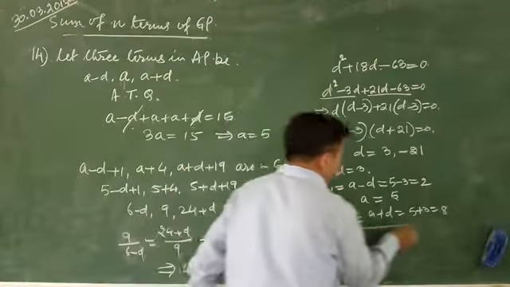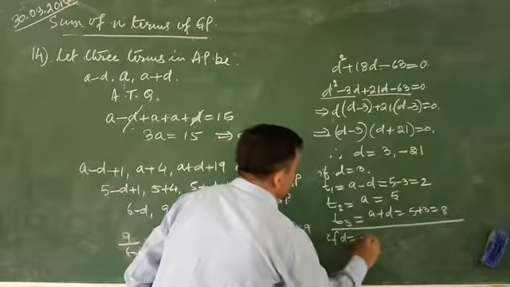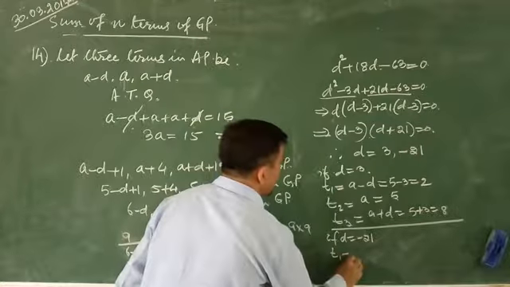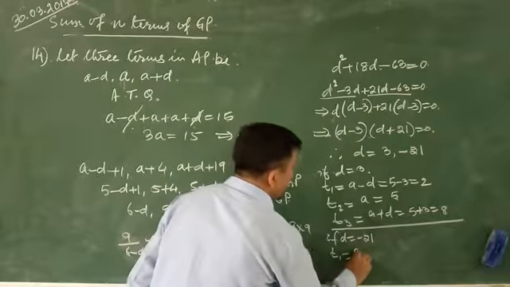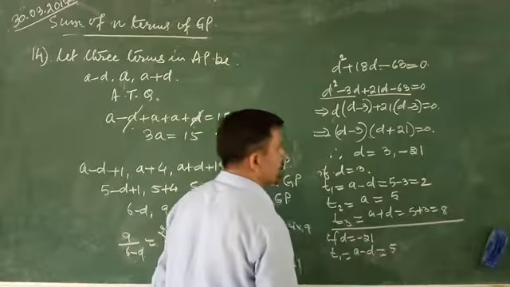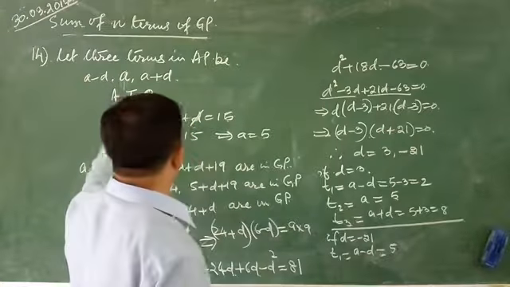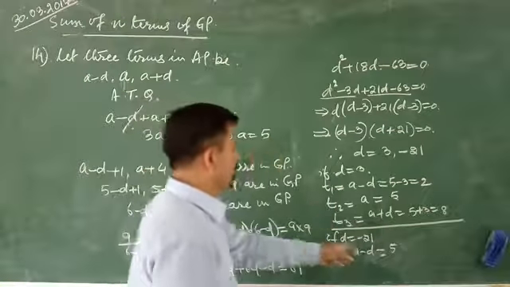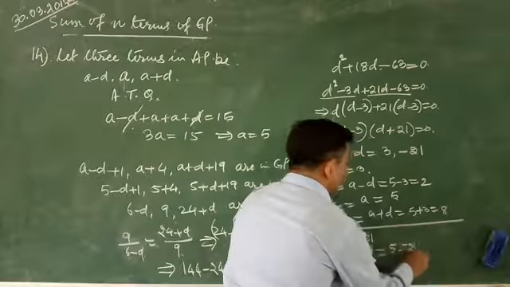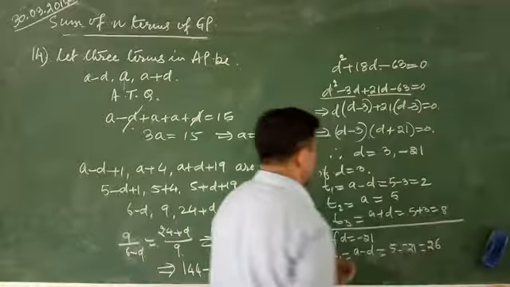We'll get another set of answers if your d is negative 21. So t1, the first term, is a minus d, and your a is 5, minus minus 21. So this is equal to 26.